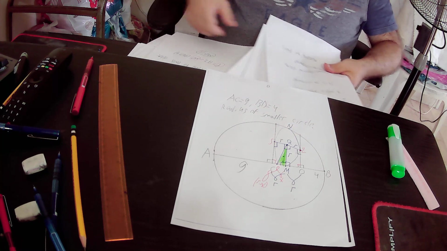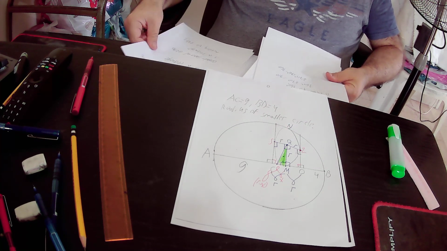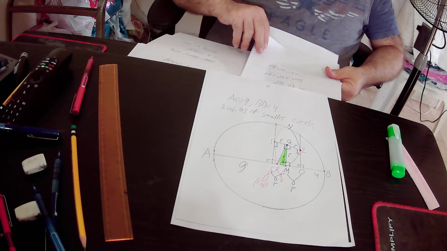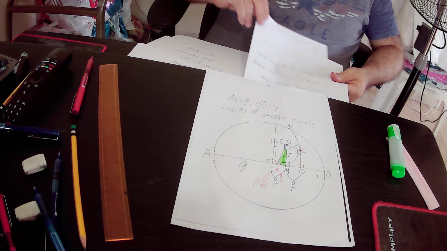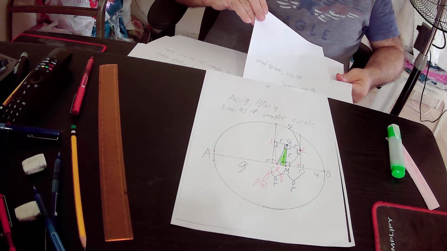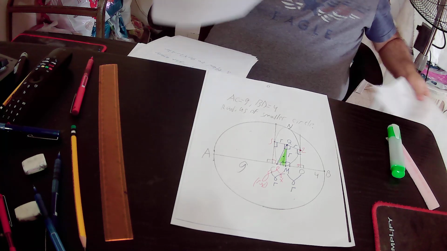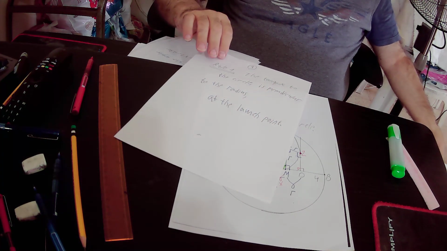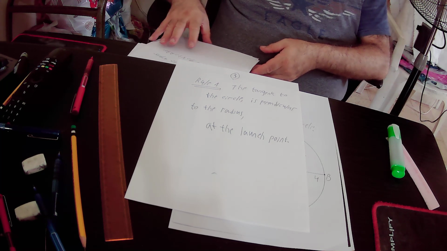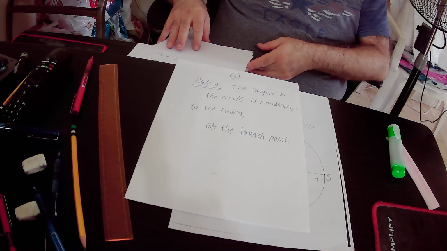Okay, so we actually have rule number 1 that states that the tangent to the circle is perpendicular to the radius at the launch point.